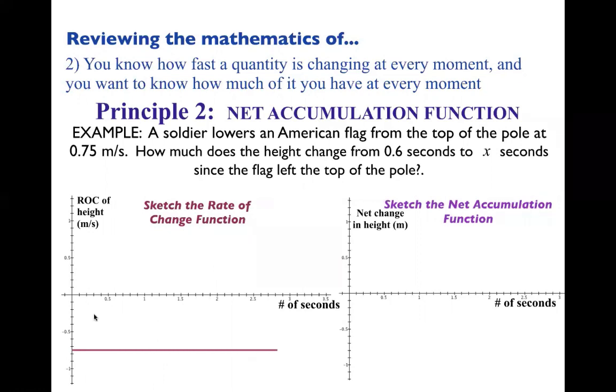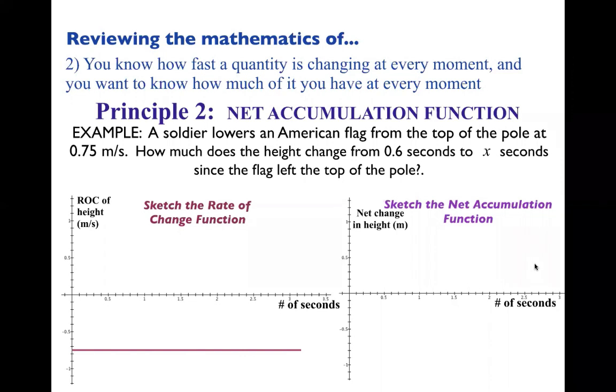So as x increases, we always have a rate of change of negative 0.75. Now, what will our net accumulation function starting from 0.6 seconds look like?